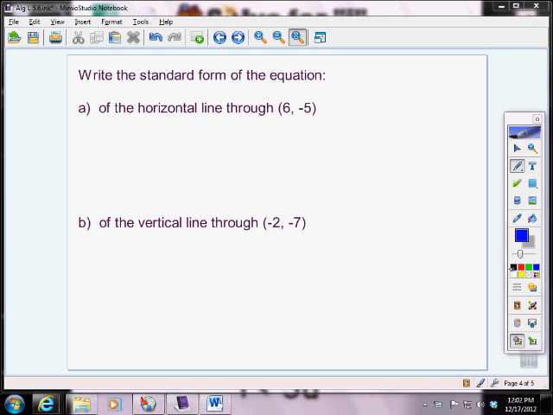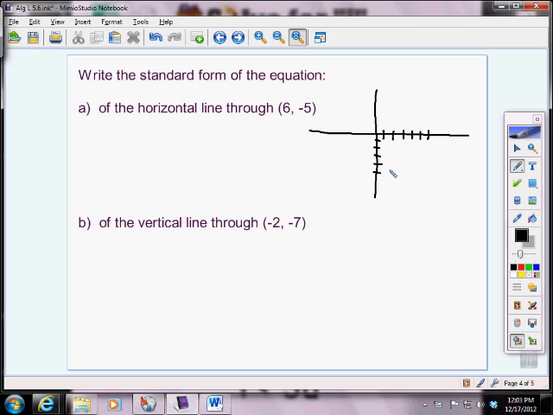Now let's think about this for a second. If you were going to plot the point 6, -5, I'll sketch a graph here. There's 6, -5. So the point would be right in here.